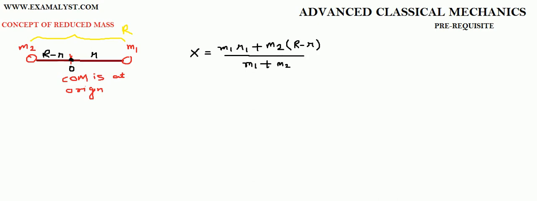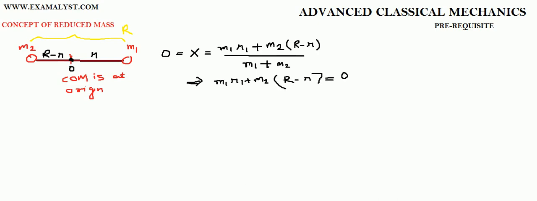Agreed? Now we have assumed that our center of mass is at origin, that is 0. So from here you can directly deduce that m1 into r plus m2 into R minus r is 0.